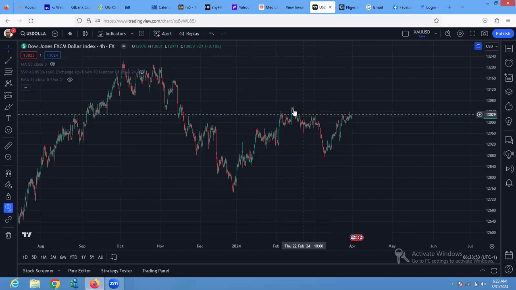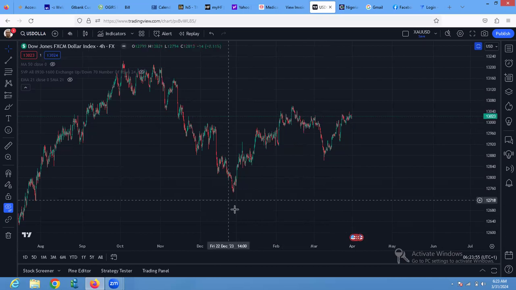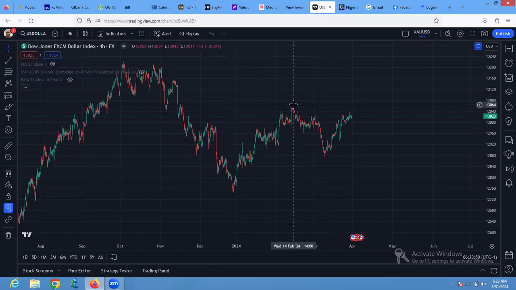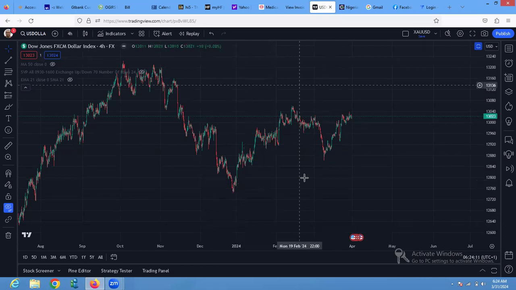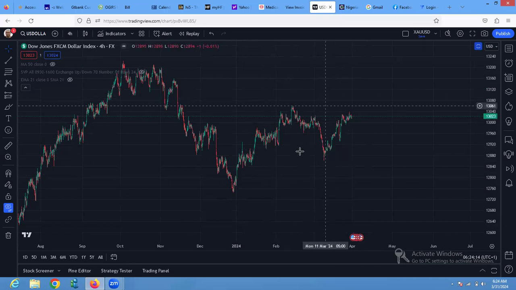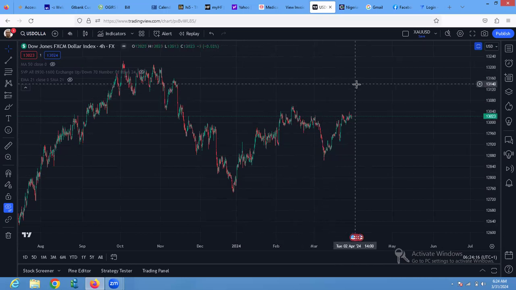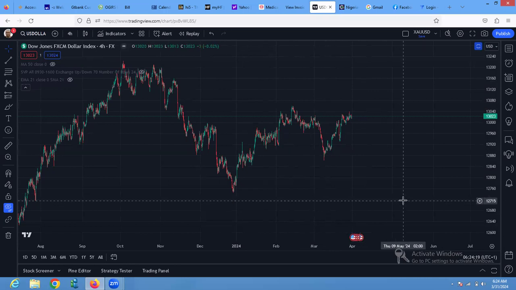So if this is 1 or bigger A, we may be seeing this as the B wave in the middle unfolding. Because if we say this is a bigger wave, then we want to now negotiate a bigger wave B here before we have a bigger wave C to the downside.